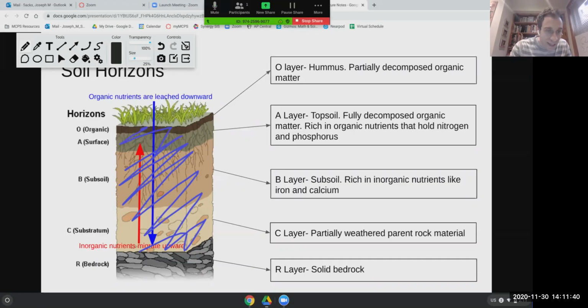those inorganic nutrients like, let's say, iron, like, let's say, calcium. And these are ions that can be dissolved in the water.